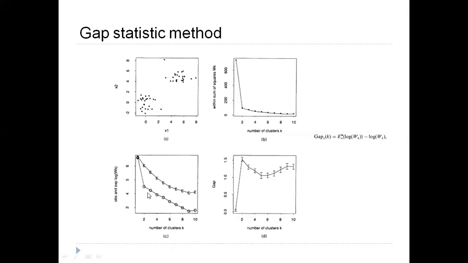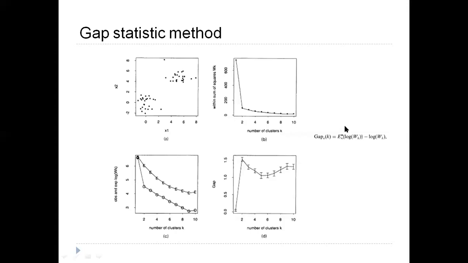You're applying the algorithm for the observed values as well as for the expected values, plotting the sum of squares after taking the logarithmic values, then calculating the gaps between these two values and plotting it here. When the gap is maximum, you take that value as your number of clusters. So here it's around 2.